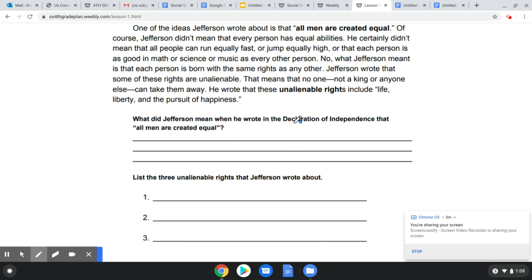So what did Jefferson mean when he wrote Declaration of Independence that all men are created equal? Well, we can go up here in the text, and it says that every person is born with the same rights as any other. So everyone, all people are born with, I'm going to go back here, the same rights as everyone else.